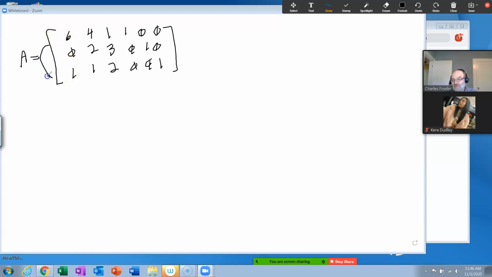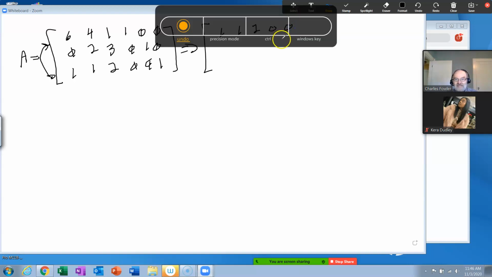I'm probably not going to write in all the steps here. The first row is now going to become 1, 1, 2, 0, 0, 1. Yuck! I hate this thing.